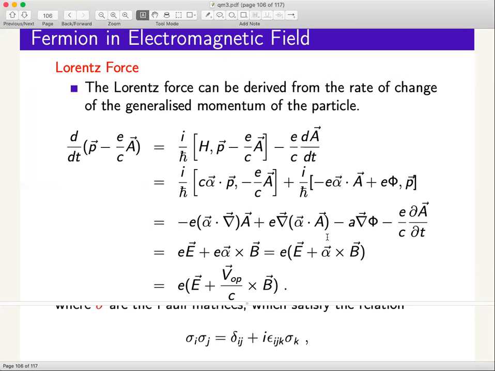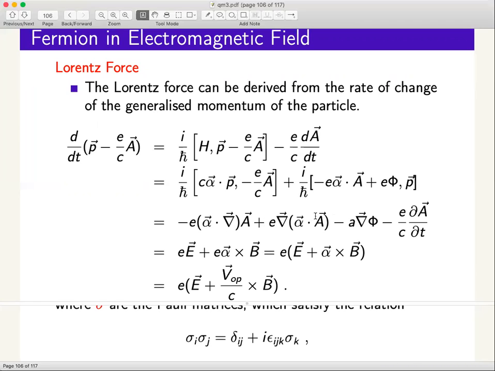I forgot again. But once you do that, you can just manipulate these expressions, and you would find that you have an alpha dot p acting on A, and when alpha dot p goes across A, that term in the commutator would just cancel out.